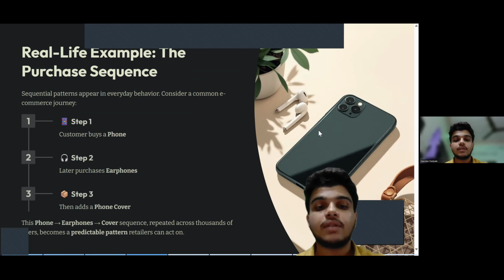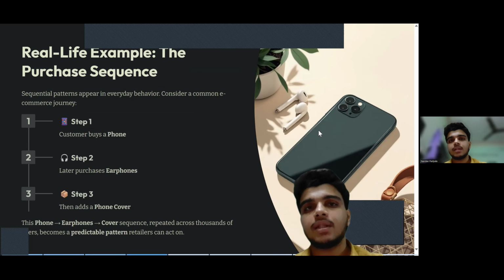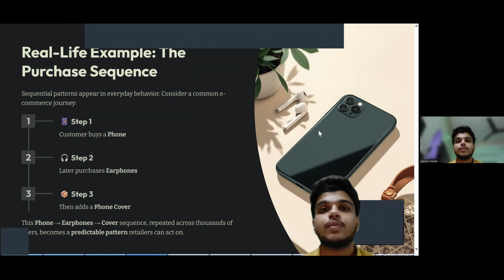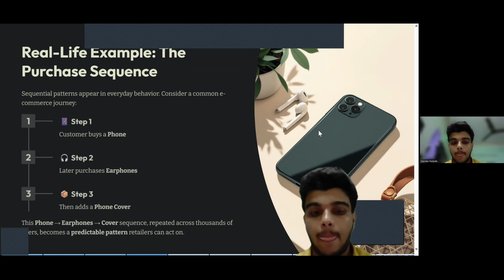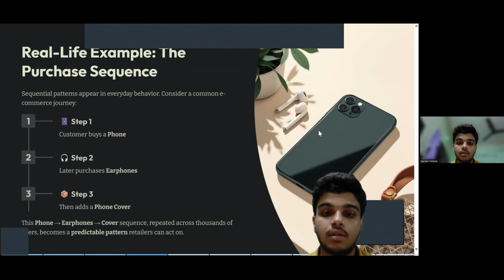If the pattern is observed across many customers, the system can predict that a person who buys a phone is likely to buy earphones next. This helps businesses provide better recommendations, improve user experience, and increase sales. So this is one real life example of sequential pattern mining. Basically, it becomes a predictable pattern that retailers can act on.